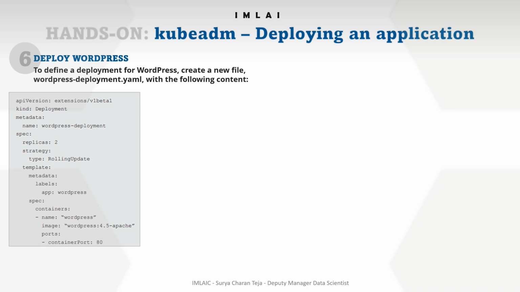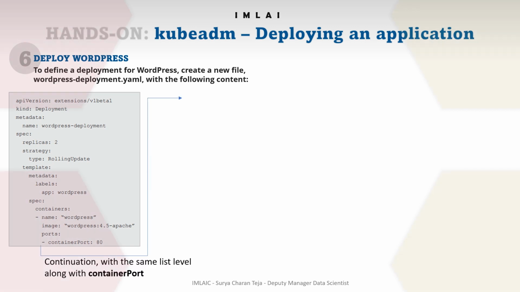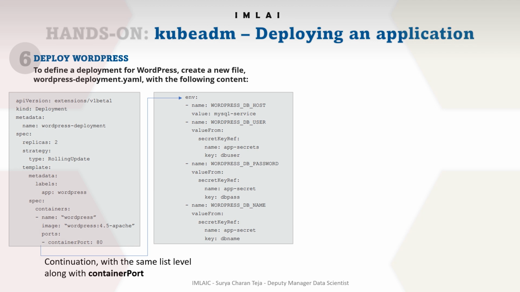But I just want to take you through this exciting journey so that you will never forget it. Once the deployment file has been created, now you have to attach all the environment variables. Name WORDPRESS_DB_HOST, and you just give the value directly, and WORDPRESS_DB_USER, which you can refer from our secretKeyRef.